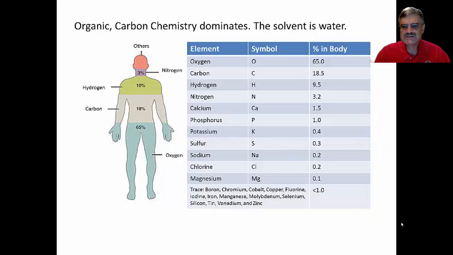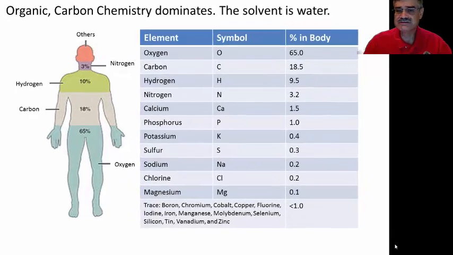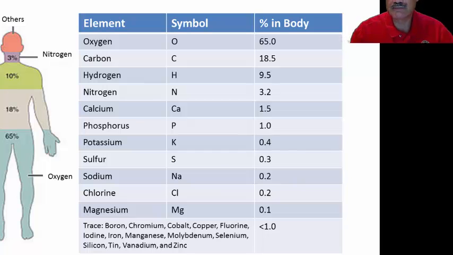This slide focuses on the elemental composition of living systems, not necessarily molecules, but the elements. What elements are life forms made of? As you can see in the table, life forms are made of oxygen, carbon, nitrogen, hydrogen, calcium, phosphorus, potassium, sulfur. That is, these dozen or so elements comprise living systems.